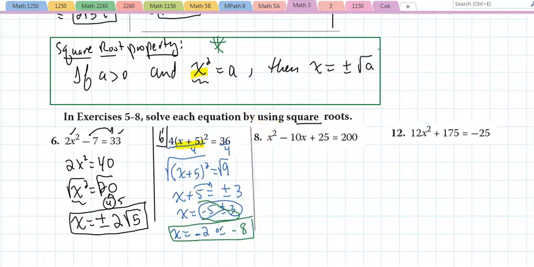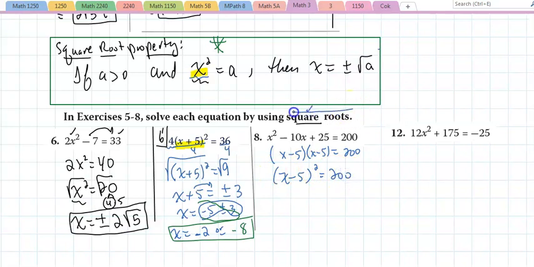Number 8, if I was solving this problem, I wouldn't use the square root property, but here they say use it. So wait a minute, but I need a perfect square. Well, that's what they're telling you. If you factor this, this is x minus 5 times x minus 5. Basically, this is x minus 5 squared. And we don't assume you're going to see that by looking at it.